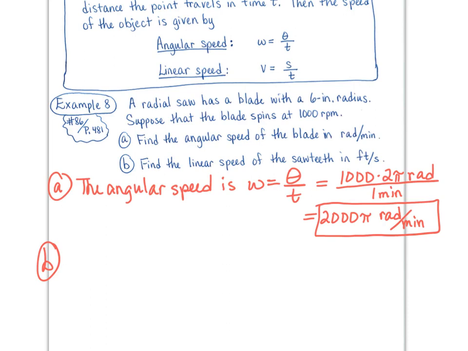Remember, your linear speed is V equals S over T, which is equal to theta times R over T. Theta is 1,000 times 2 pi, but our radius is 6 inches and we want feet, so 6 over 12.